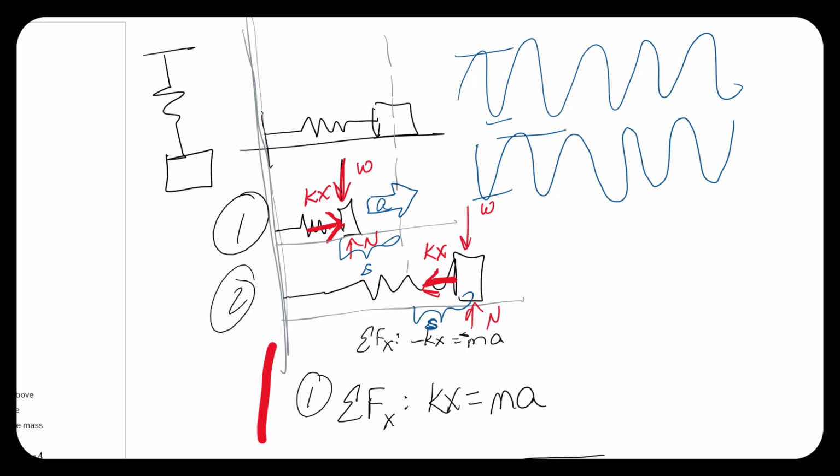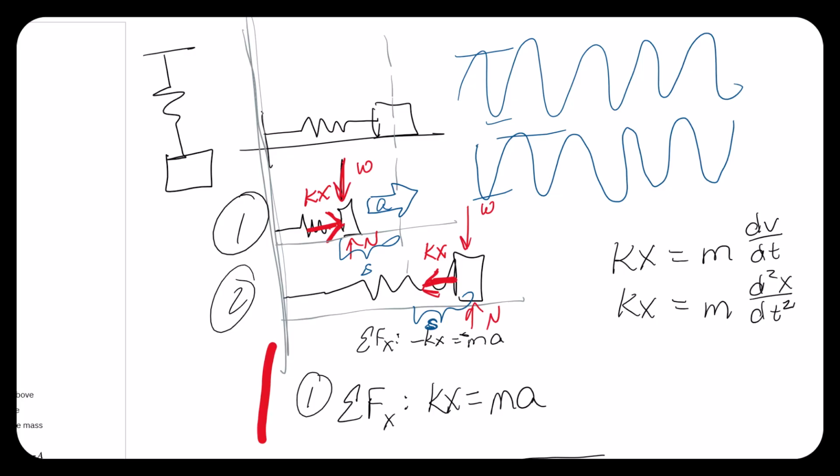Okay, so I do know that kx equals ma, except ma is m dv/dt, but I also know that v is dx/dt, so it's really d squared x/dt squared, because the second derivative of position is acceleration.